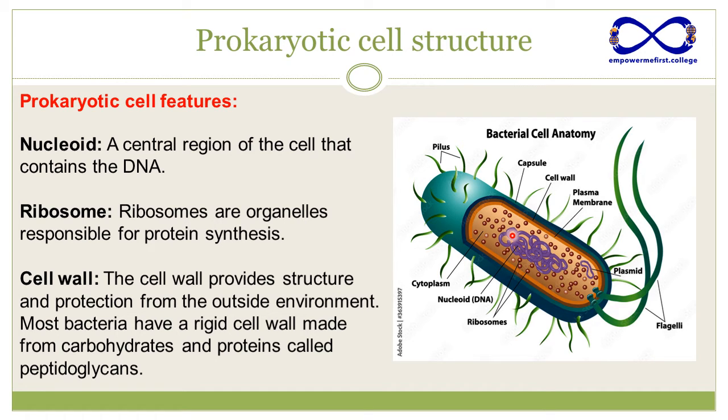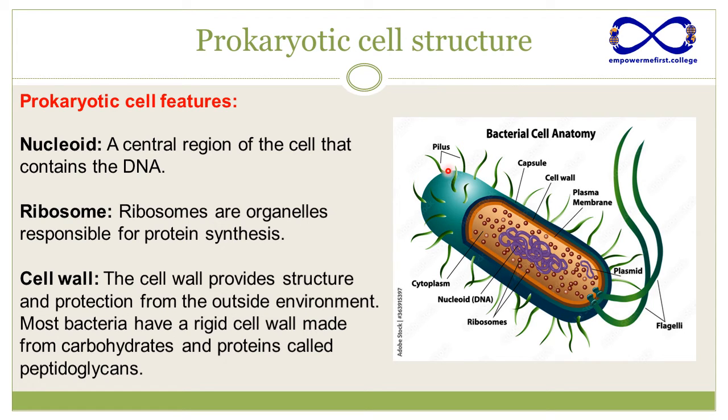We can also identify other small organelles, so-called ribosomes, these red dots here. Ribosomes are organelles responsible for protein synthesis. When I say protein synthesis, it means protein production. So they are responsible for the production of proteins.